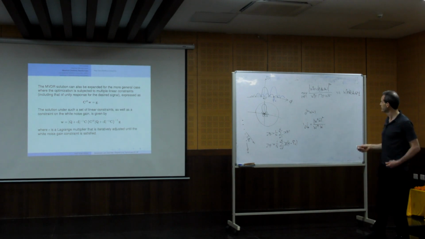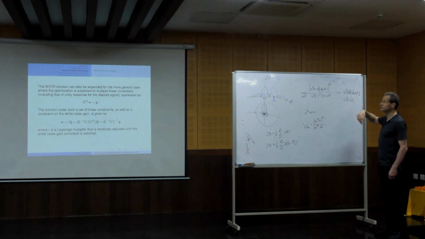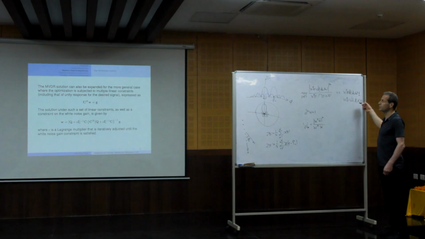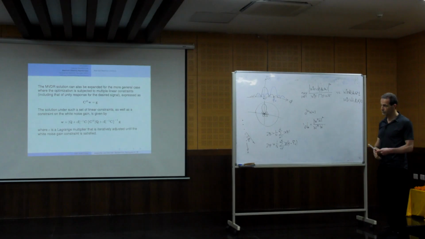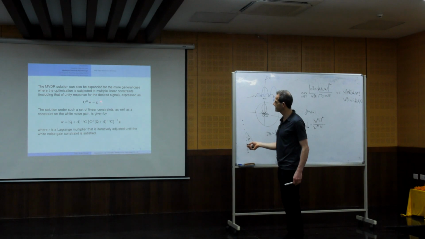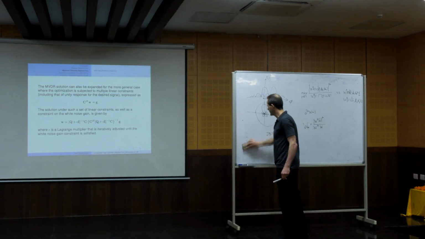So maybe I have another constraint, for example W^H F for a certain other direction, maybe phi1, theta1. Maybe I want to put here 0 or any other value, 0.1 or something like that. If I have a few constraints, I can write the linear constraints like this.